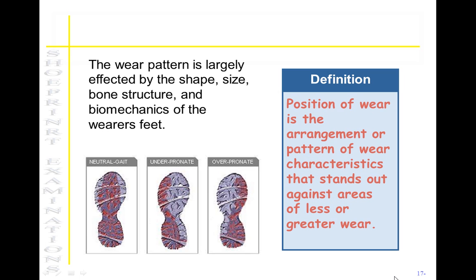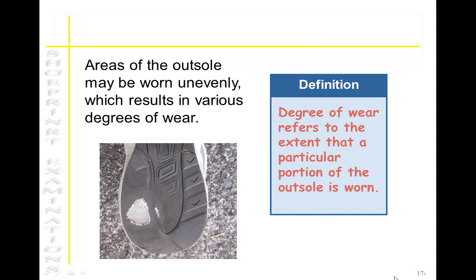That wear pattern is going to be affected by their shape and size and their bone structure and the biomechanics of their feet themselves. So they're going to develop individual wear patterns consistent with the way that they walk. Areas of the outsole can be worn unevenly, and this is what's going to result in various degrees.